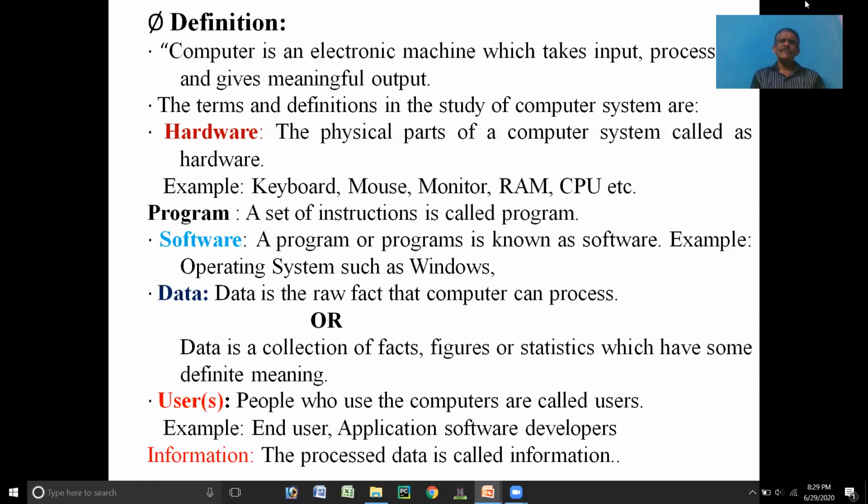Then, the next term is program. A set of instructions or a group of instructions is called a program. A set of instructions is written to solve some problem.